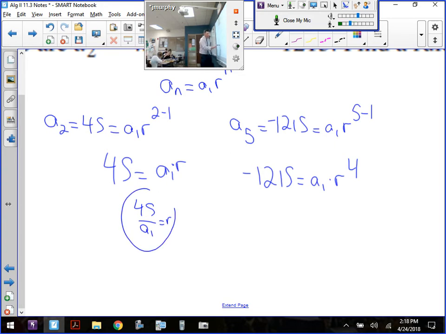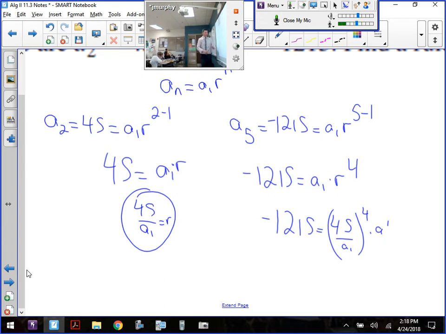If I take that, I'd have to do negative 1215 equals 45 over a sub 1 to the 4th power times a sub 1. See where I'm going with that? It gets really, really messy.